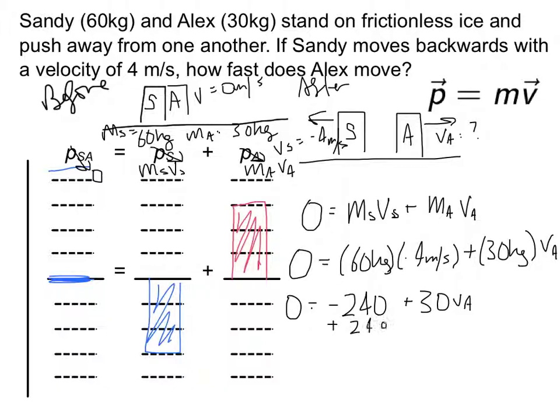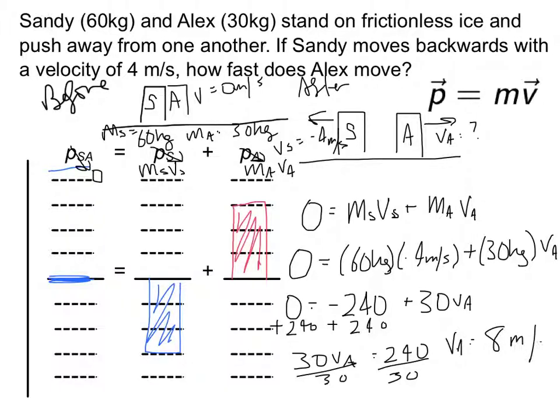Add 240 to both sides. We get 30 times the velocity of Alex is equal to 240. Divide both sides by 30. And we get the velocity of Alex is equal to 8 meters per second, and box your answer.